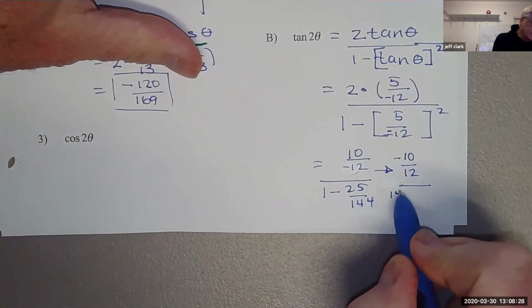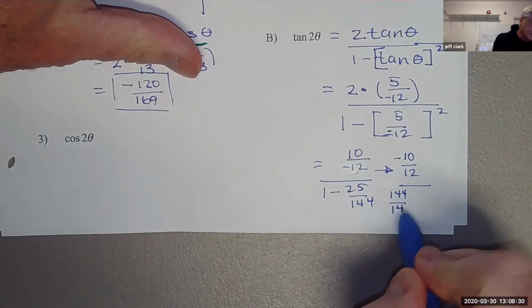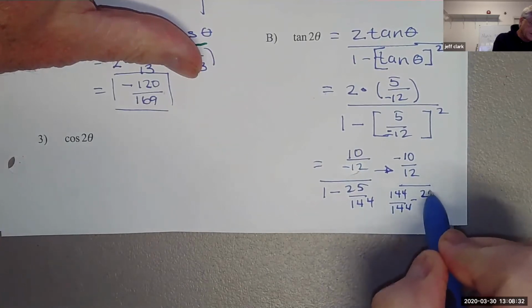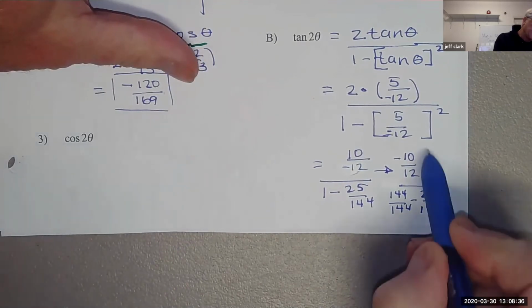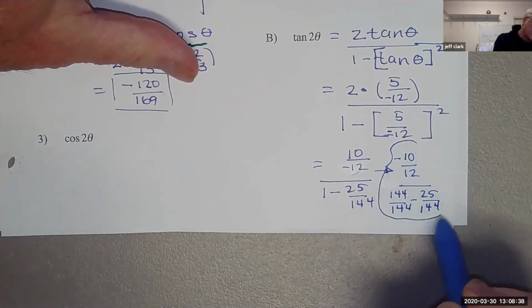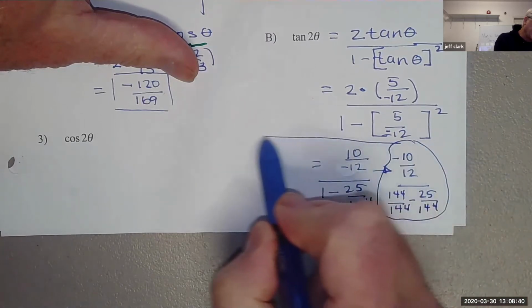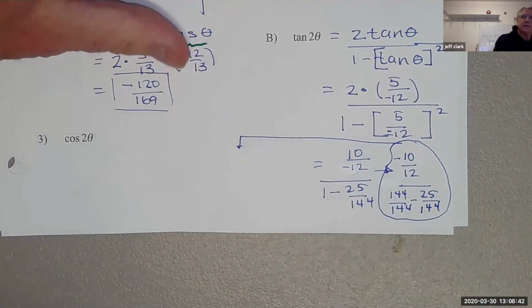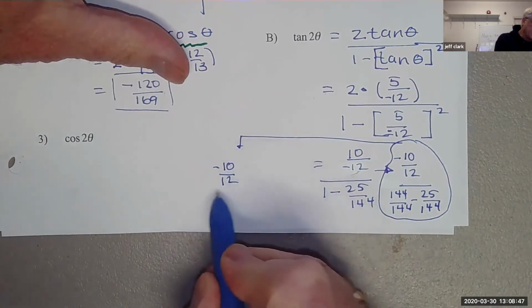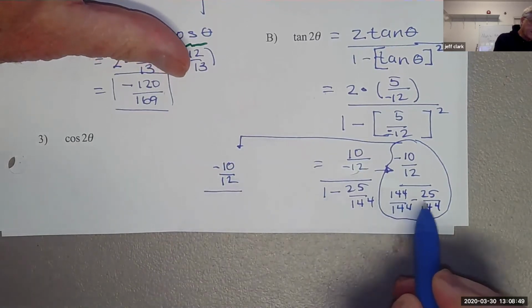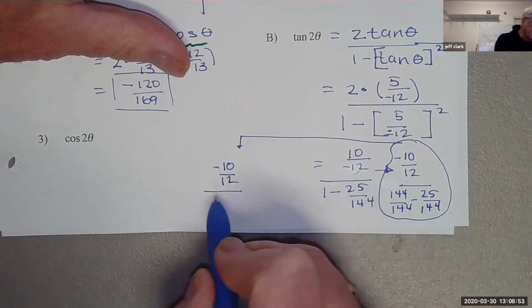So 144 over 144. I'm going to run out of room. Move that over here. So I get negative 10 over 12, and 144 minus 25. That's 119.